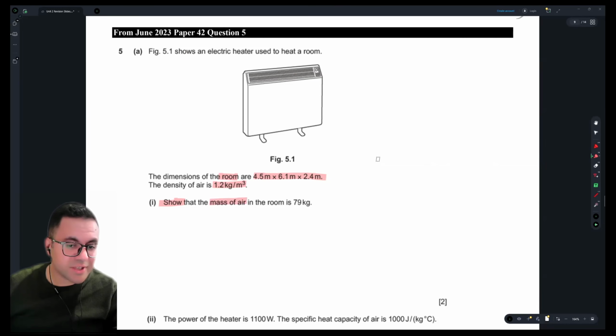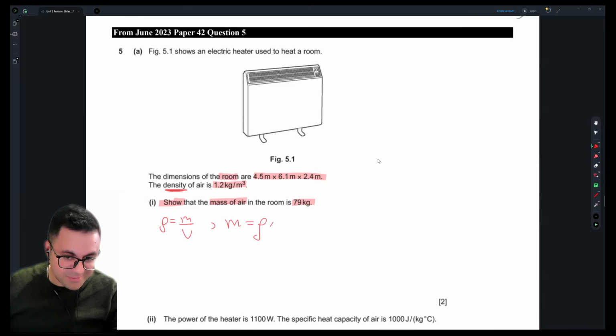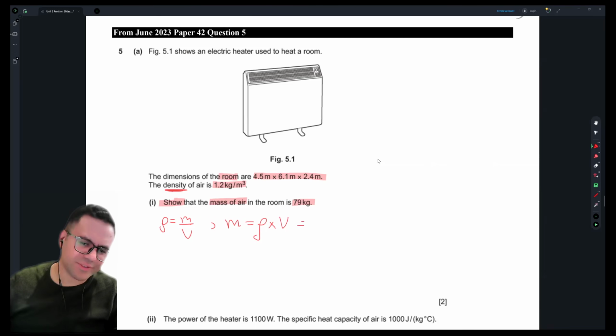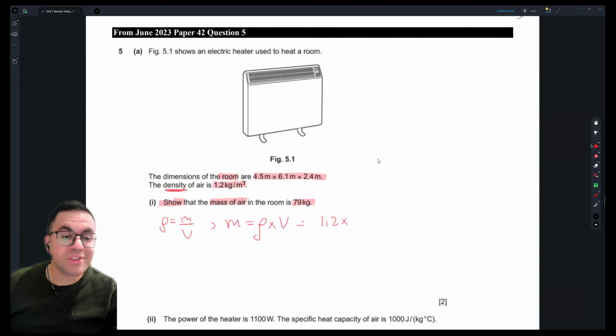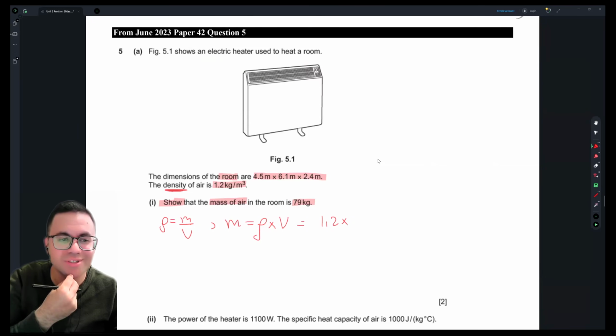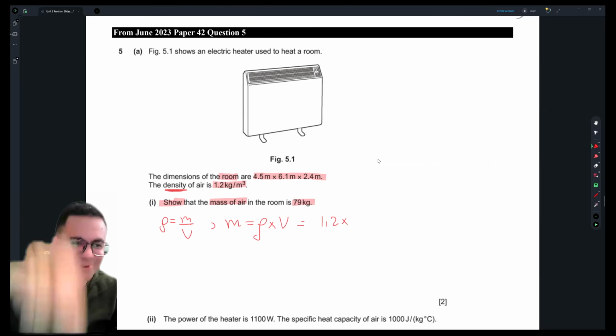show that the mass of the air in the room is 79 kilograms. Density is my key point here. So density is mass over volume, which means mass is density times volume. Oh, I have the density. That's fine. 1.2 times. What's the volume that I should use? The volume of the air is the volume of the room. Bravo.